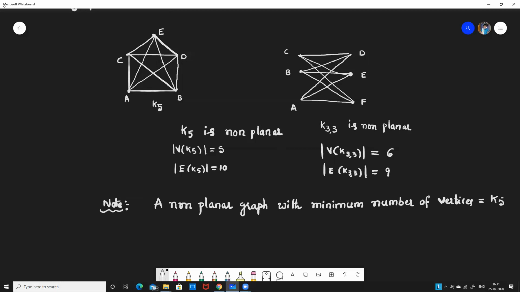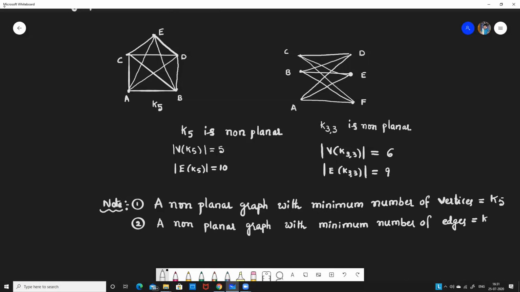Similarly, if I ask with the minimum number of edges, you can take this as the second note. A non-planar graph with the minimum number of edges is K33.